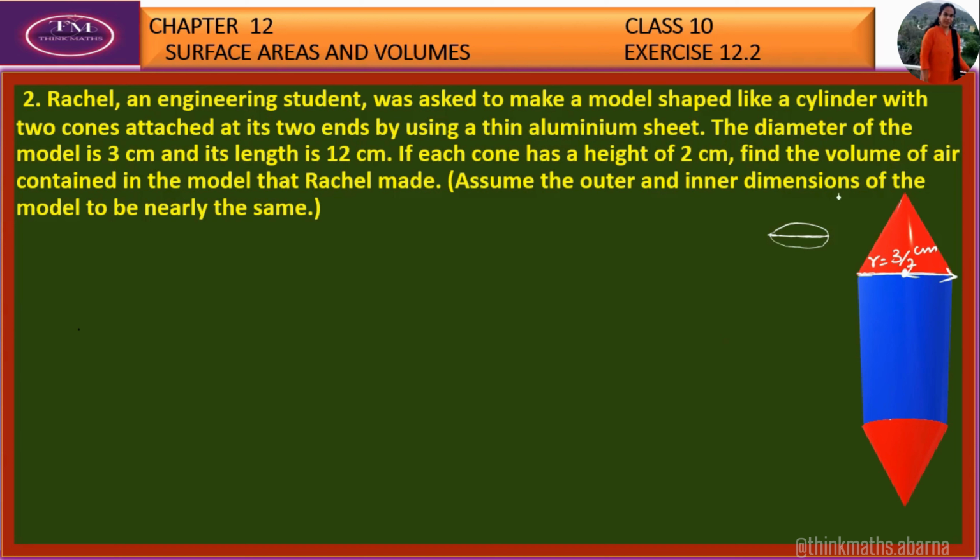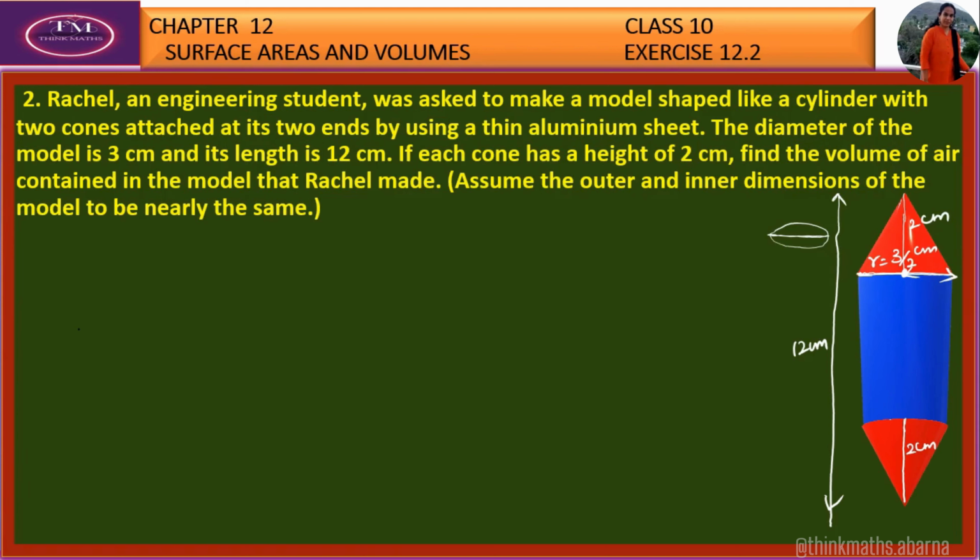And its length means the length of this model. The total length of the model is 12 centimeter, and each cone has a height of 2 centimeters. So the height of this cone is 2 centimeter, and the height of the cone at the top is also 2 centimeter.